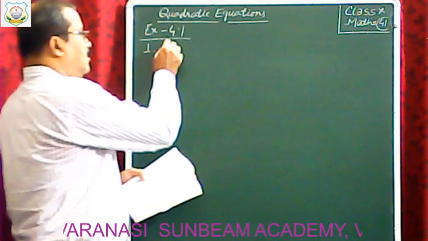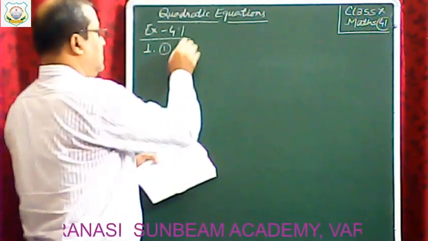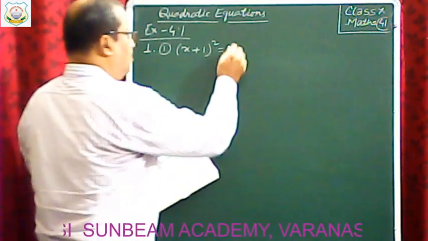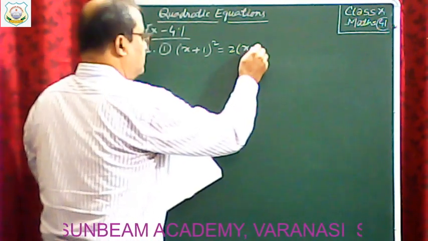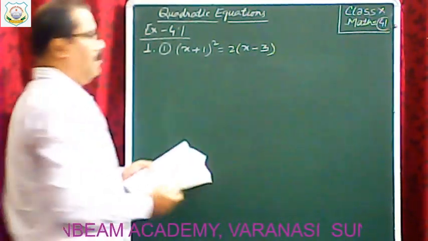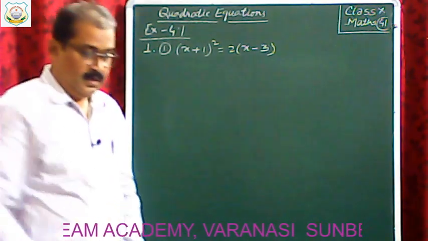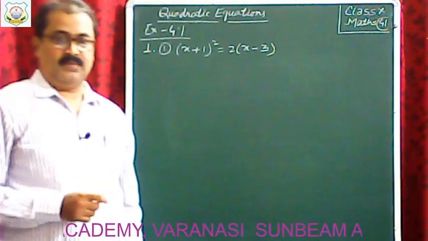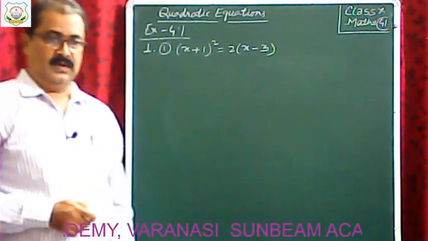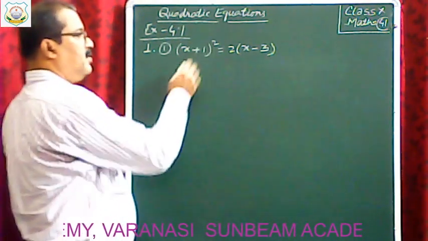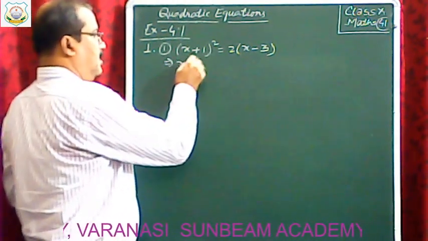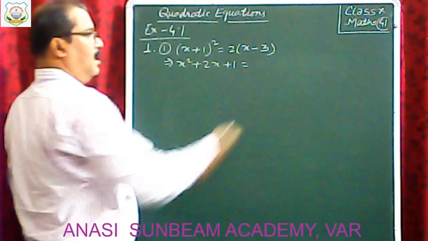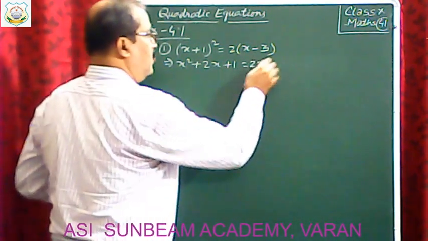So taking the first: x plus 1 whole square equal to 2x minus 3. First of all, you have to simplify the given expressions, and thereafter you have to check the form ax square plus bx plus c equal to 0 or not. Clear? The x plus 1 whole square expand: a plus b whole square, a square plus 2ab plus b square, and in RHS you have to open the bracket, 2x minus 6.